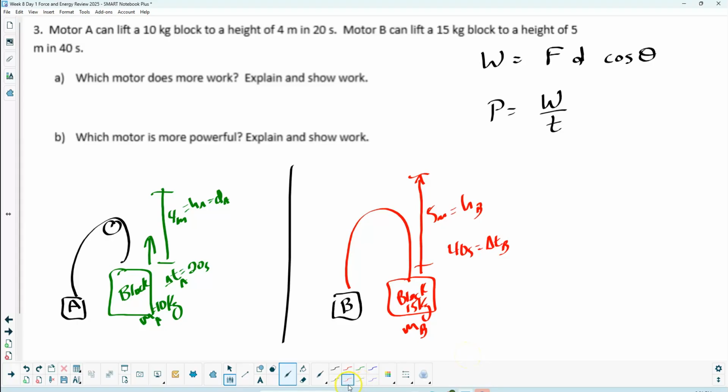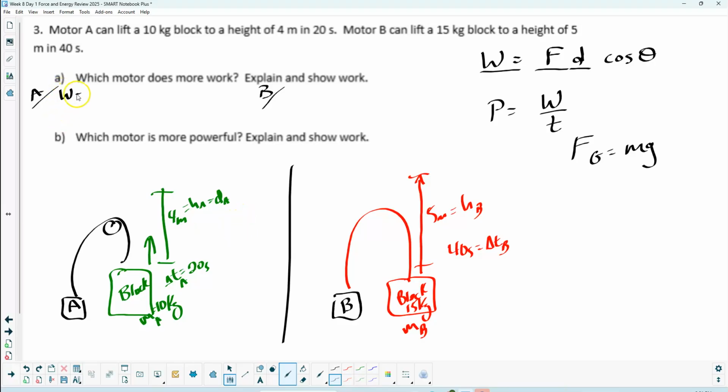When you're lifting something up, for work you need a force and a displacement, or a force and a distance. So the force is going to be the force of gravity, which is just m times g. So we do A over here, and we do B over here. Doing math is good for showing the idea.